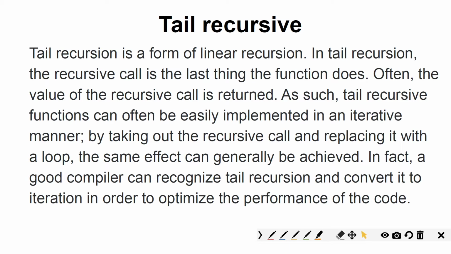As such, a tail recursive function can often be easily implemented in an iterative manner. By taking out the recursive call and replacing it with a loop, the same effect can generally be achieved. In fact, a good compiler can recognize tail recursion and convert it to iteration in order to optimize the performance of its code.